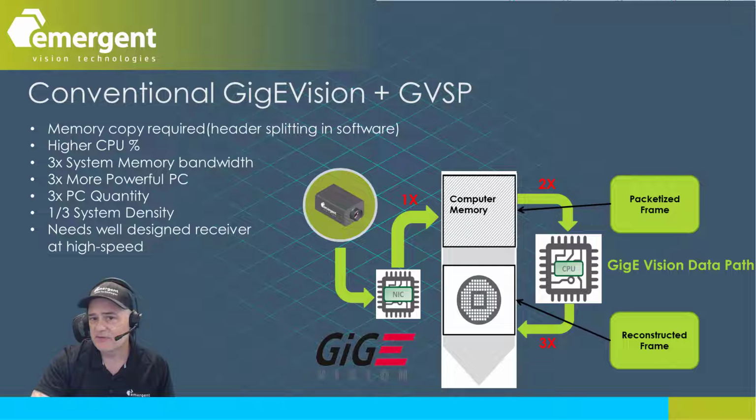This results in a 33% efficiency for the system, which factors into the system cost in a number of ways. This is an example of a poorly designed receiver, and many in the market are still doing this even at 10 GigE, but we still see cases where some companies have trouble running multiple 1 GigE cameras on a single server, all related to poor receiver design.